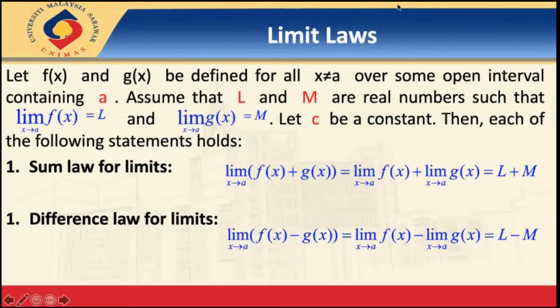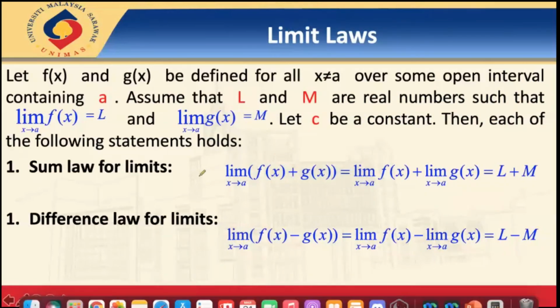For example, if you see here, that if we have a function like this, that limit where x approaches a, and inside the limit there are two functions, f of x plus g of x. So the two functions are added first, and then the limit is applied on the overall result.